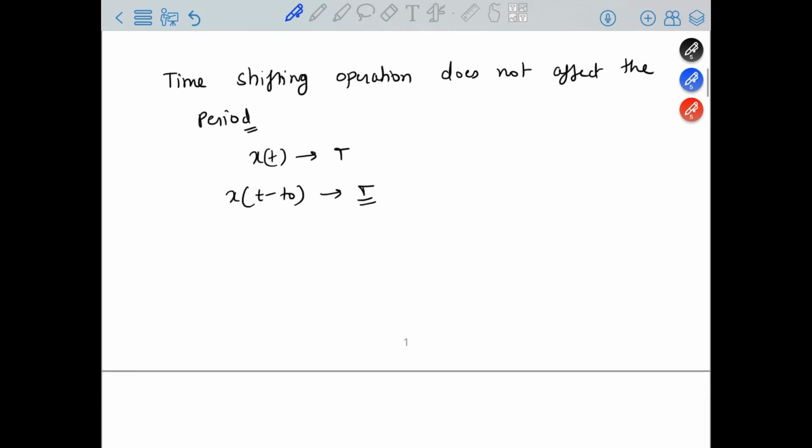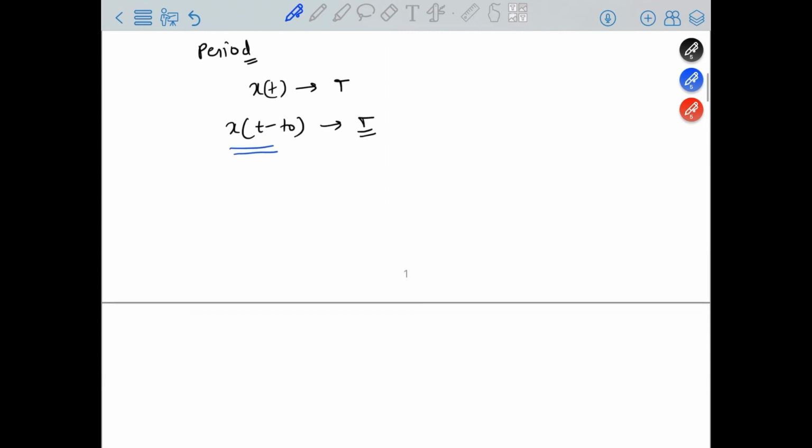So the Fourier series coefficient b_k of the resulting signal x(t - t_0) may be expressed as follows. We will represent the Fourier series coefficient b_k, that is the Fourier series coefficient of the shifted version of that signal, as 1 over T, from the definition, integral over the period T of x(t - t_0) e^(-jk omega_0 t) dt. Now we will replace tau for t - t_0. So what we will get?